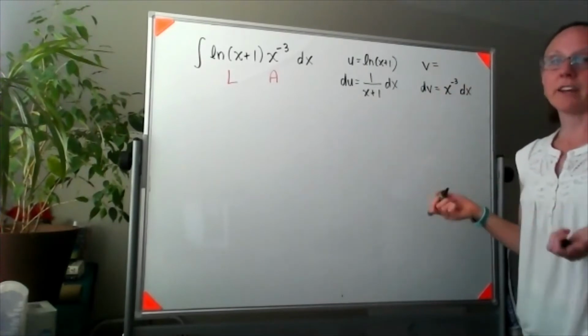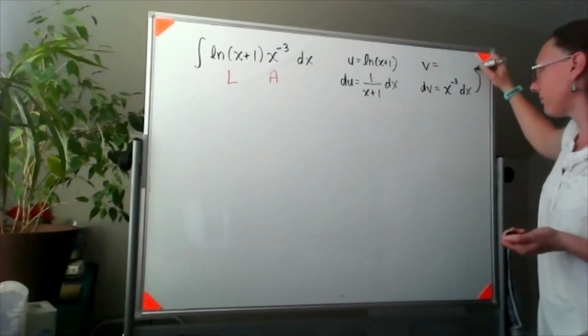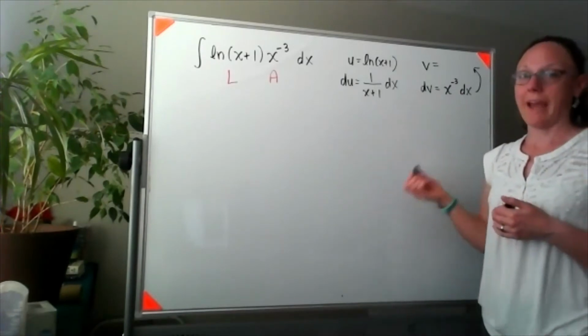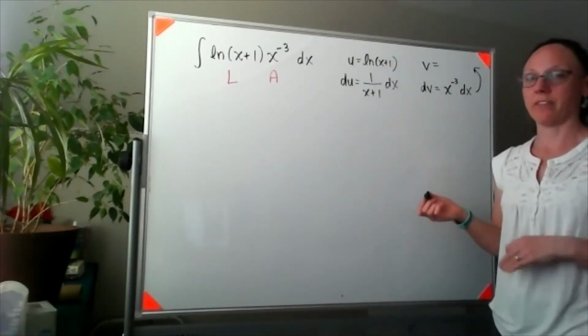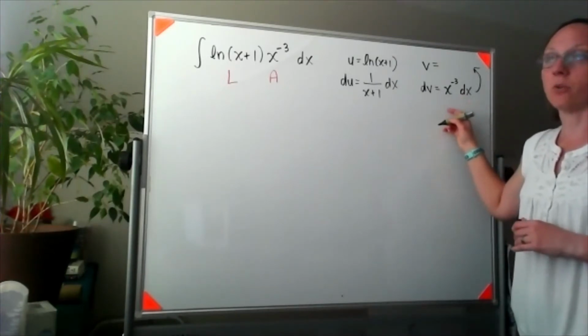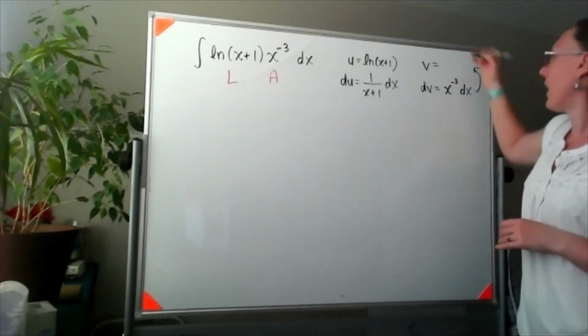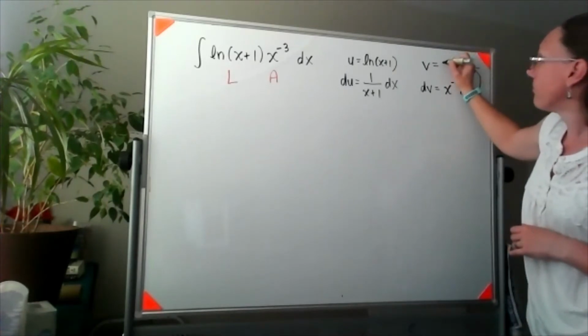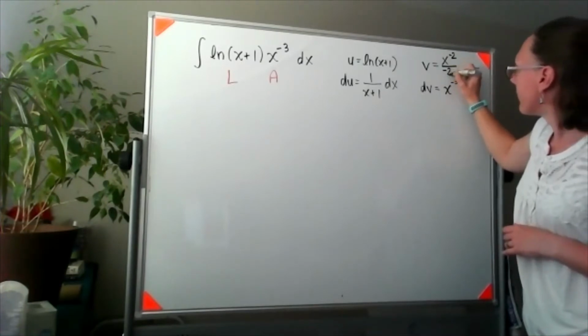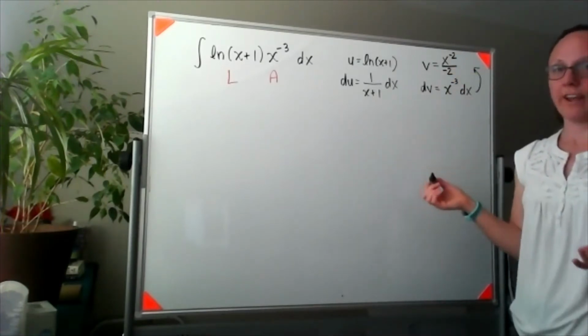And to get the v that I need for the formula, I need to find the antiderivative of x to the negative 3 by adding 1 to the exponent and dividing by the new exponent. Adding 1 to the exponent, I'll be at x to the negative 2. So dividing by that would be x to the negative 2 over negative 2.